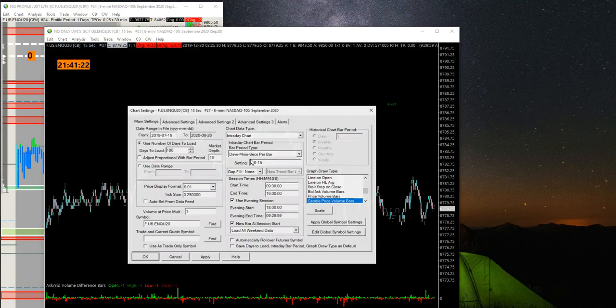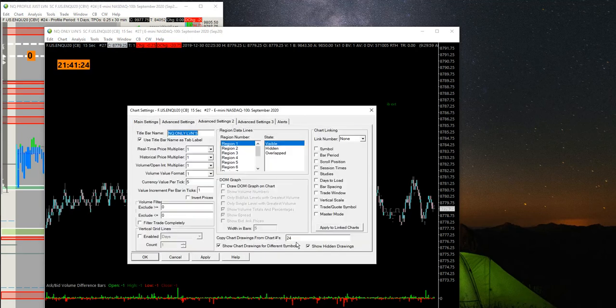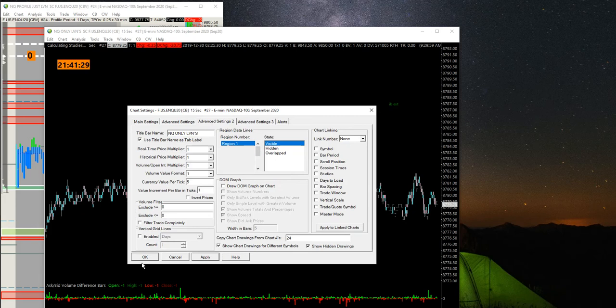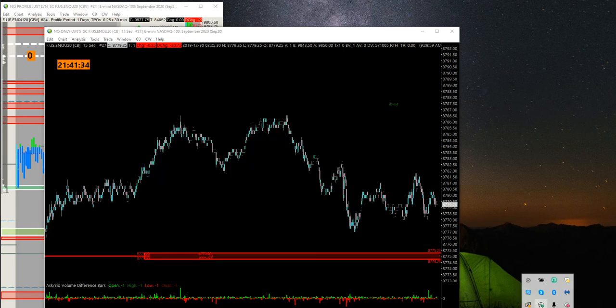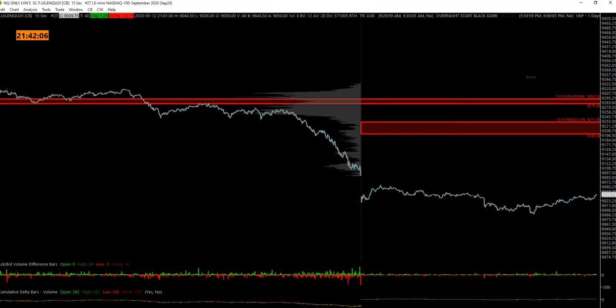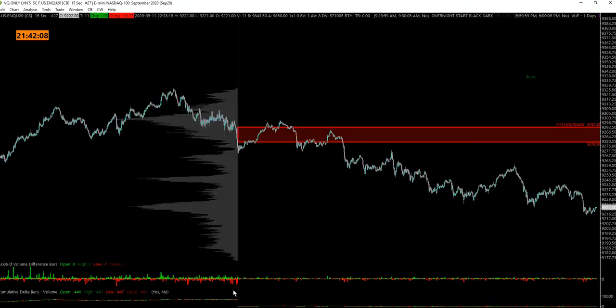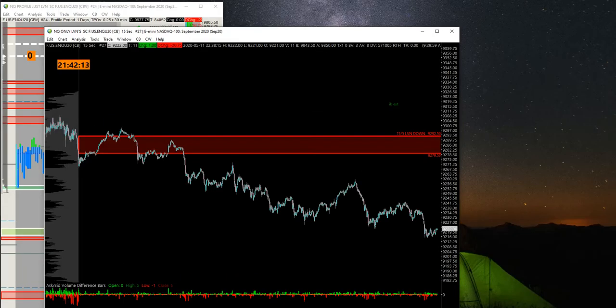This is the one I use for market profile and all that. I need to get this right. Why isn't it showing? Basically the chart starts here in May because I have the profile levels starting from May.